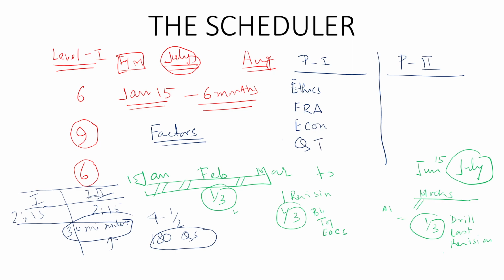And you will have in the second session, you're going to have portfolio management, you're going to have corporate finance, you're going to have equity, fixed income, derivative, and alternate investment.